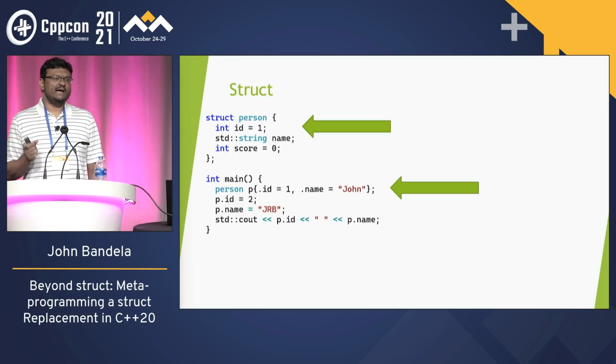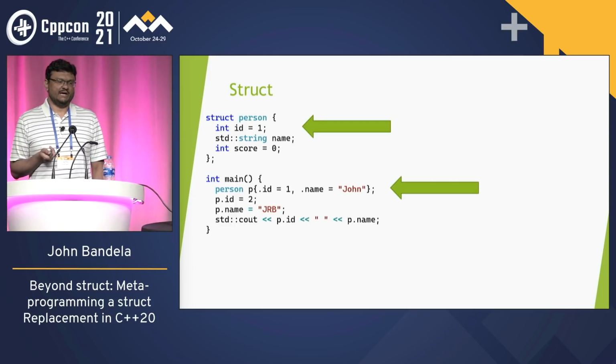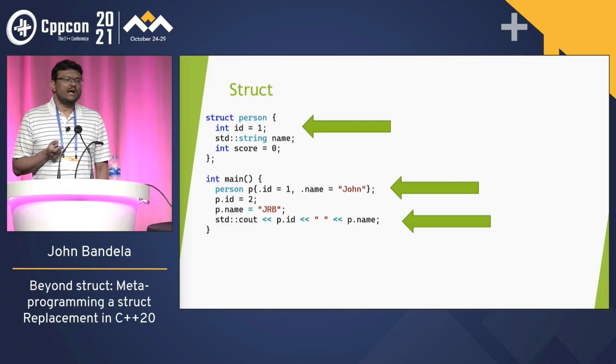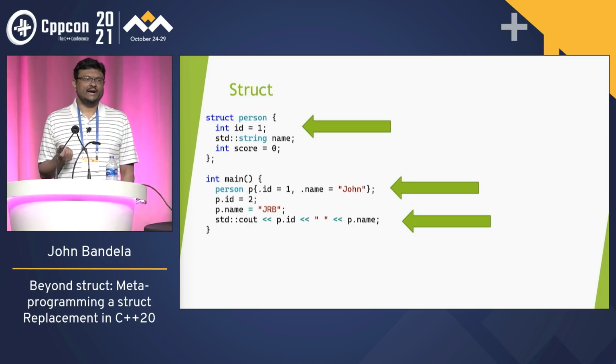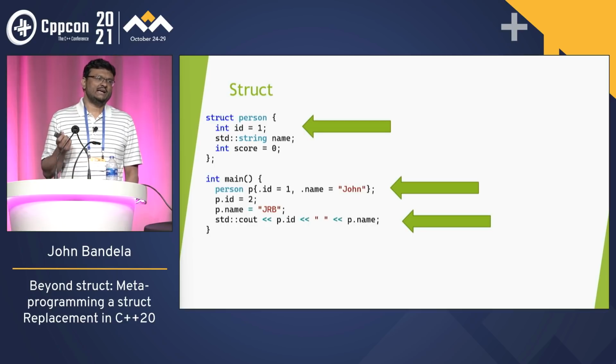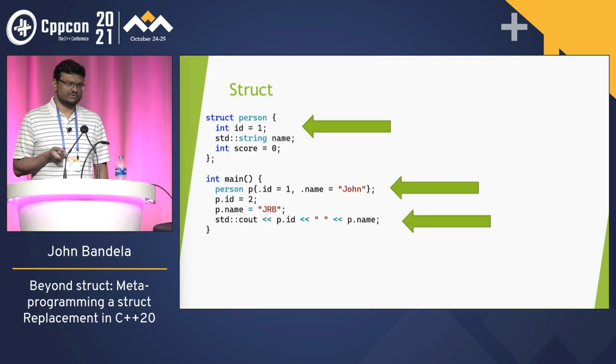We can specify, hey, I want the ID to be 1, the name to be John. I can do that. The final thing I can do is access the members. I can do p.id, I can set it, I can read from it. So these are what I can do with a struct.